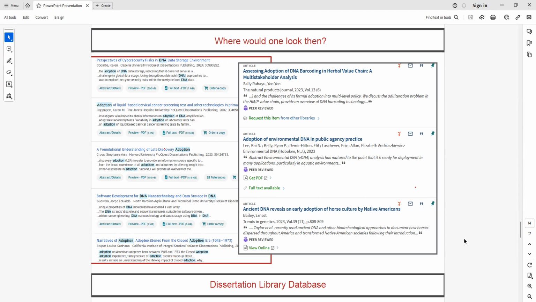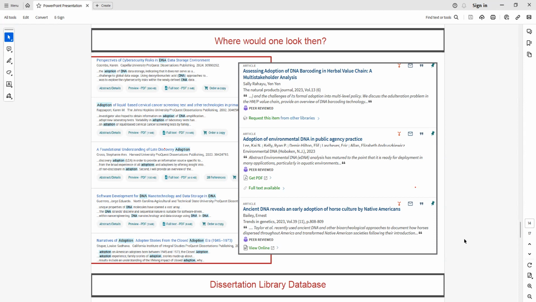I would look, they all have dissertation databases. Type in DNA computing. How many dissertations are there? And then look at some of the titles. So when I was doing some researching on this one, I found a lot more articles. Those are the ones on the right-hand side. A lot more articles on this topic.